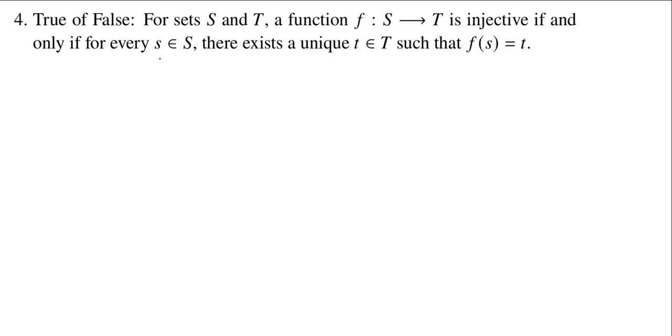Okay, injective functions are ones for which every element in the codomain has at most one preimage. So if I have my function f going from S to T, f is injective if and only if for every element in T I have at most one preimage, meaning I have at most one arrow going in.